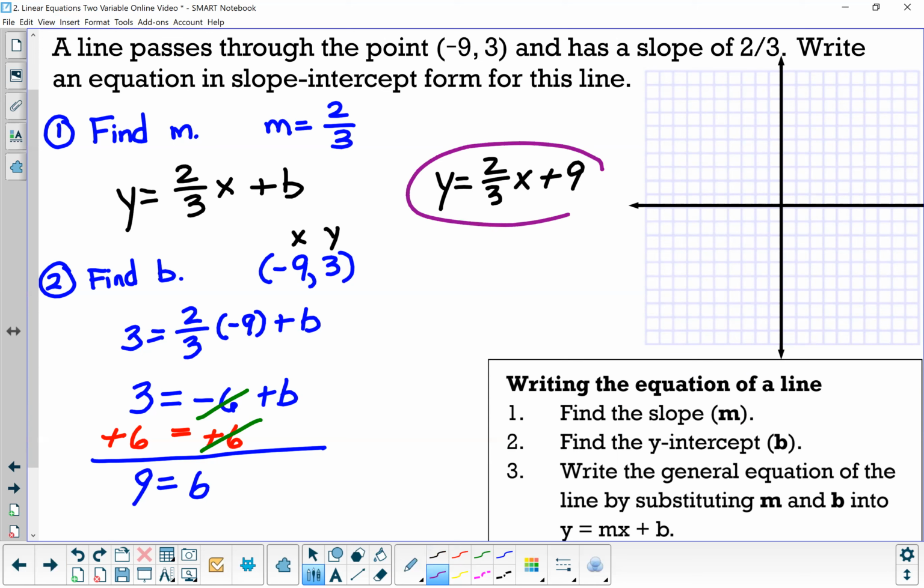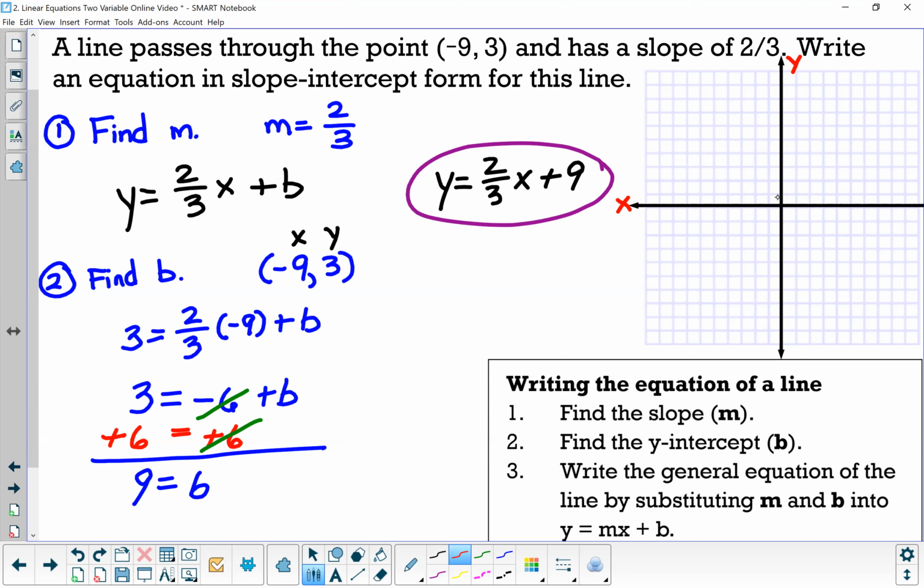Now, I did say we could have tried to find the y-intercept if we used the graph. Let's do that, and it's just good practice for graphing. So if I want to graph this scenario from the directions, it gave us a point which was -9, 3. So if I plot that, here's my x-axis, my y-axis.